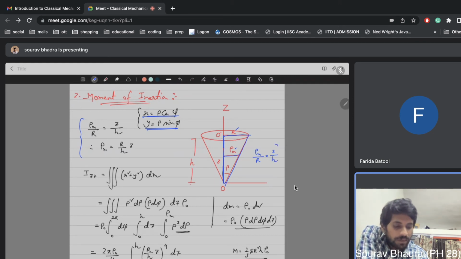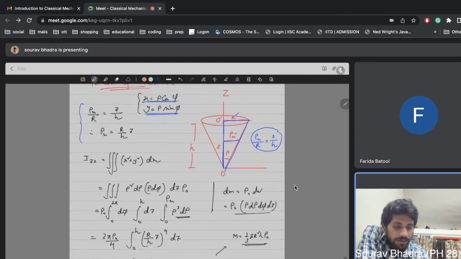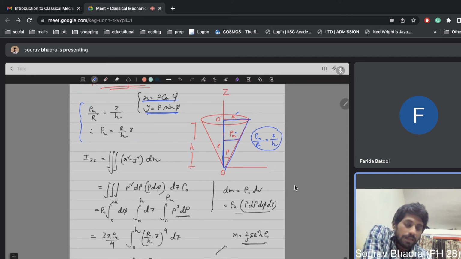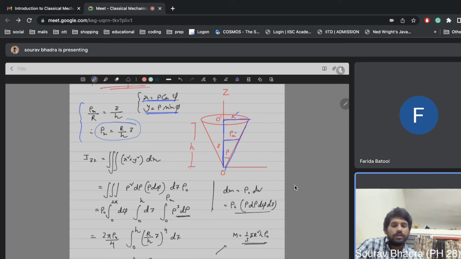So this we will need in our calculation. It is similar to what I did in my previous class when I calculated the moment of inertia for a triangular lamina, not a rectangular lamina. It is the same type of problem. So rho m can be written as capital R z by H, which I have written here. This is important, we will need this.